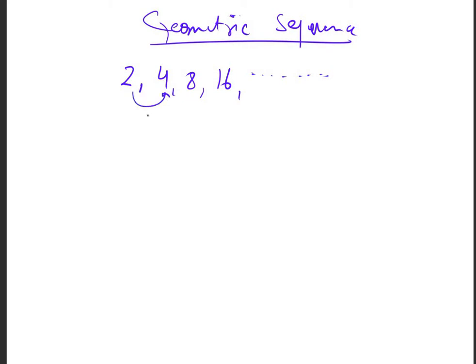From 2 to 4, you're multiplying by 2. You multiply the previous term by this number, multiplying, not adding or subtracting. Then you again do that with 4, you multiply by 2. Then you again multiply by 2, you get to 16. And if I ask you what the next term is, it's easy, you'll say, multiply by 2, and you get to the next term, 32.